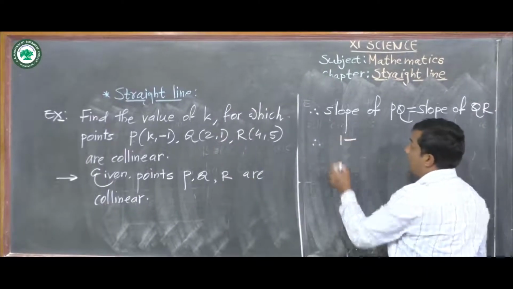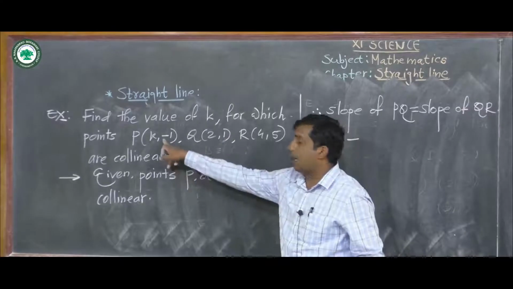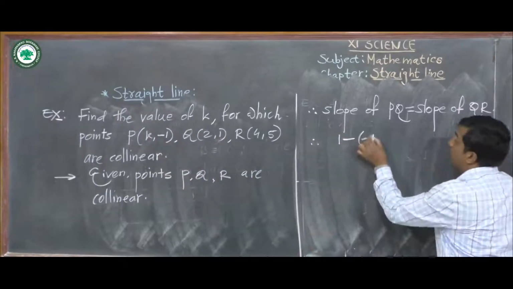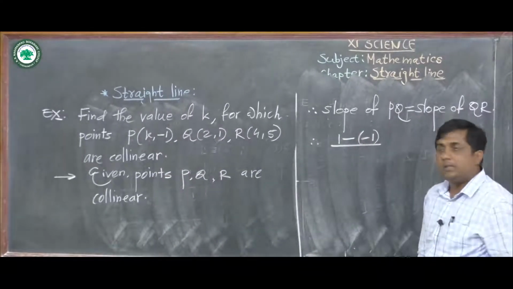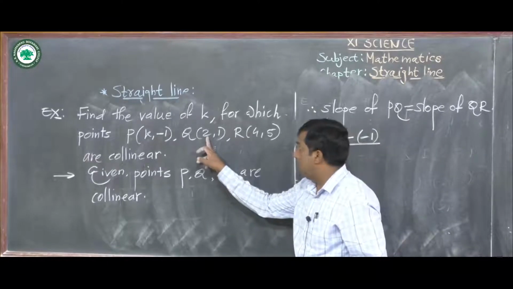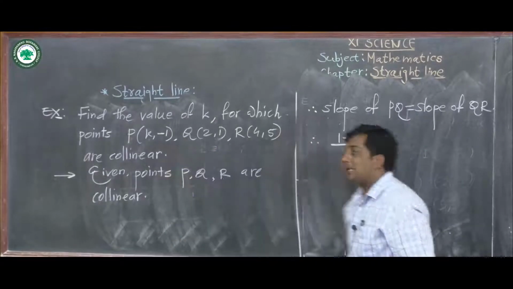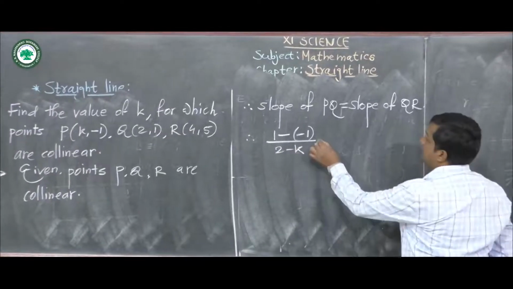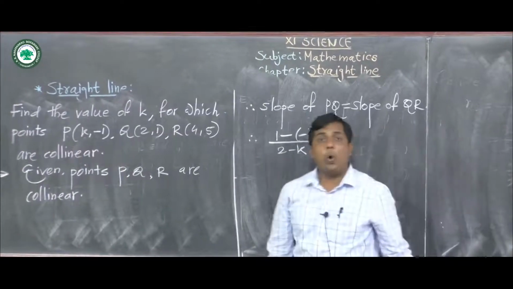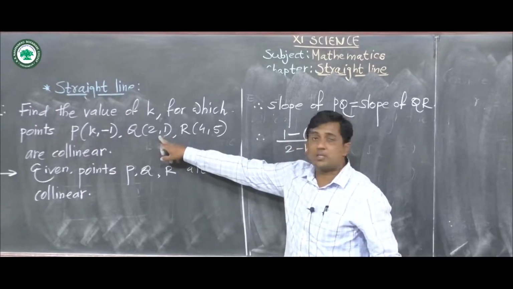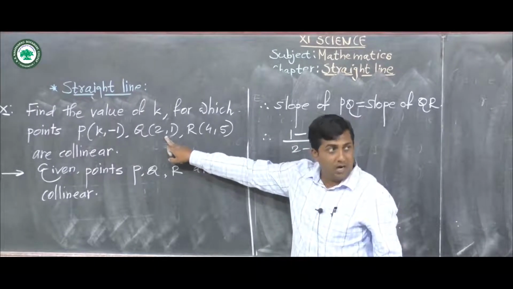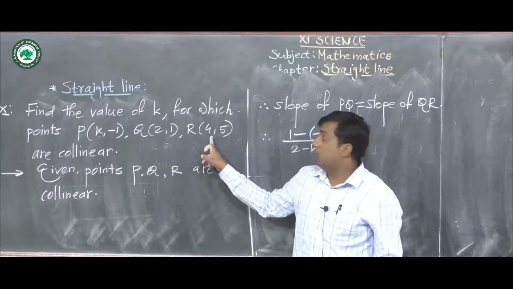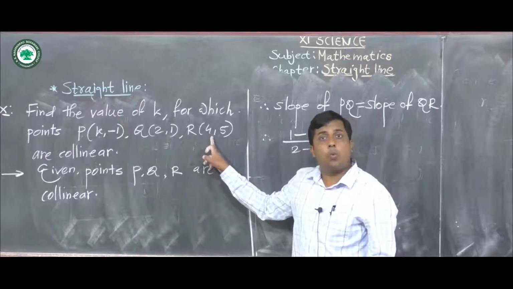Here y2 is 1, minus y1 which is -1, divided by x2 minus x1, which means 2 minus k, so in the denominator 2 minus k. This is equal to the slope of QR. For QR, let us consider the coordinates of point Q as x1, y1 and the coordinates of point R as x2, y2.